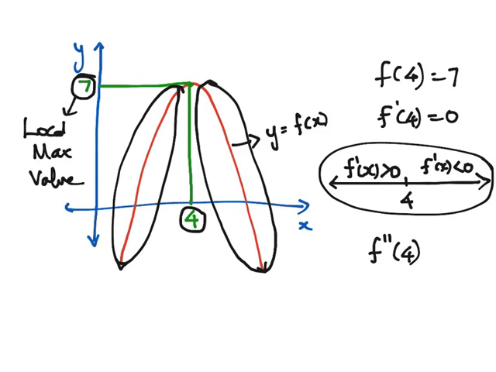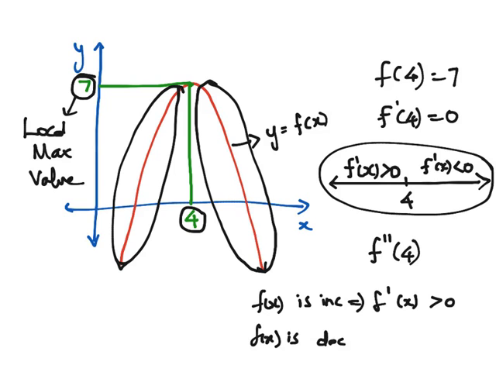Now let us understand something. We know that if f of x is increasing, it means f dash of x is positive. If f of x is decreasing, it implies f dash of x is negative, isn't it, students?